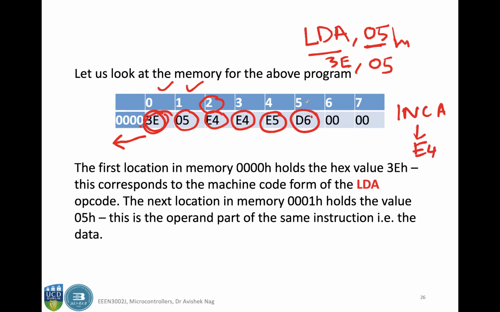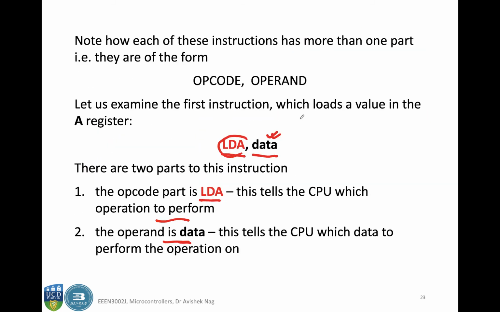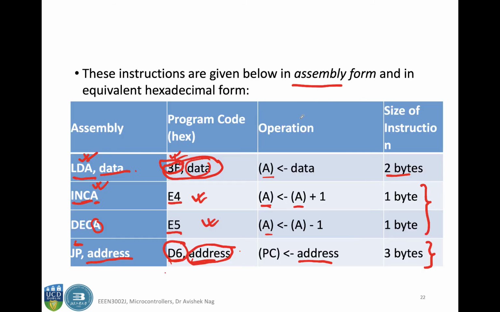so that comes in the next memory location, and that D6 is followed by a 16-bit address, the 2 bytes of which are 0000, stored in the next 2 memory locations, and together this is a 3-byte instruction. As you recall, jump is a 3-byte instruction, as you saw in this slide.